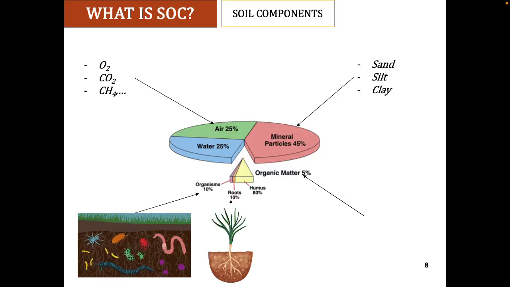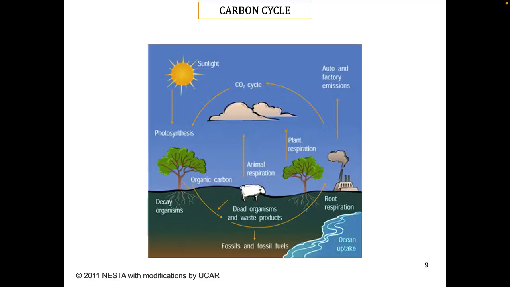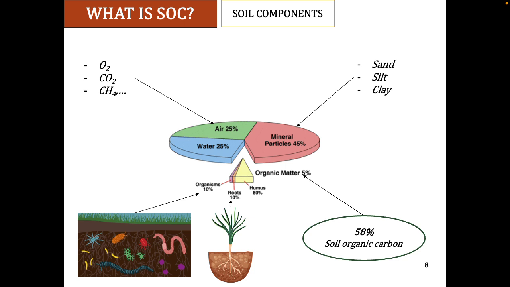First, what is soil organic carbon? To know that, we have here the different soil components. Half of the soil is composed of air and water. Air is generally O2, CO2, CH4, and almost the other half is composed of mineral particles, sand, silt, and clay, and just 5% is composed of organic matter, and that organic matter is subdivided in 3 parts.